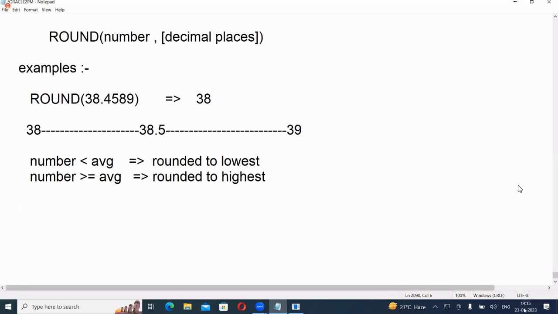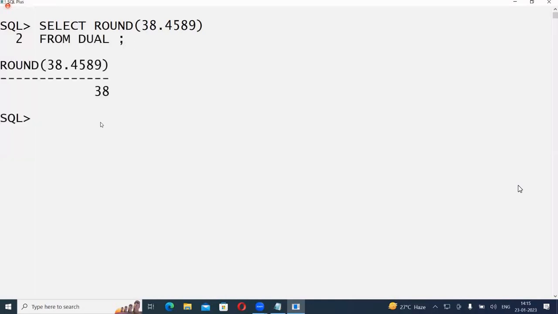Next, you want to test, you can test. Suppose here, run this expression. Select round off from here, 38.45689 is rounded to 38.